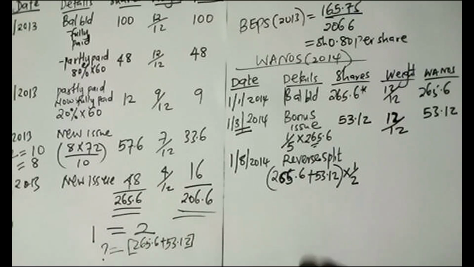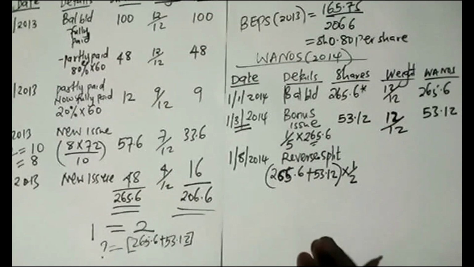So we need to determine how they reversed. And remember that when you do a reverse split, there is a reduction of the number of shares, but at the same time, the par value increases. So there will be a decrease in terms of the shares.